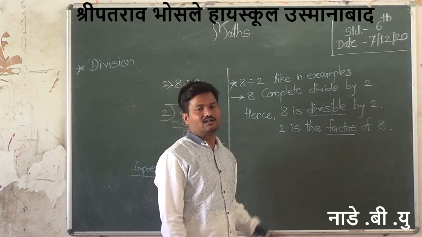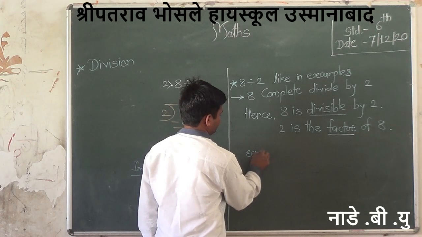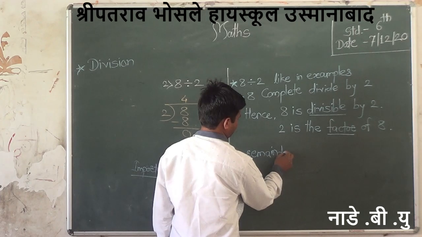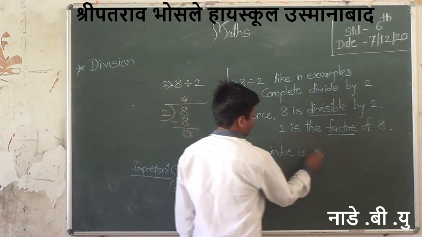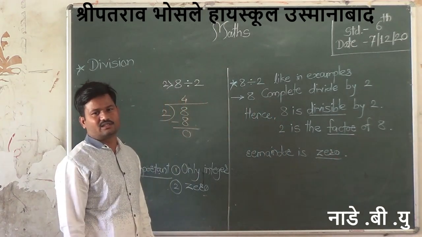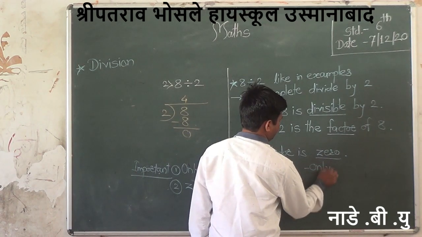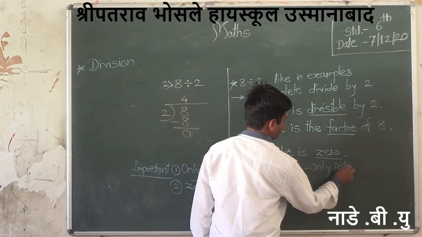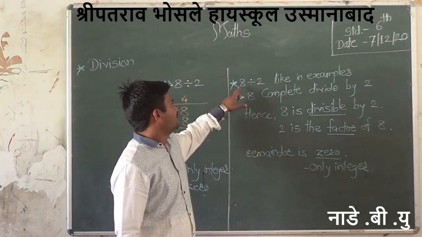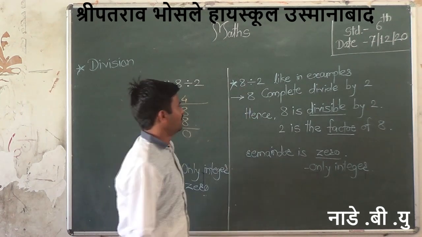When is it divisible? When the remainder is 0 and the quotient is only an integer. That time the dividend number is divisible.